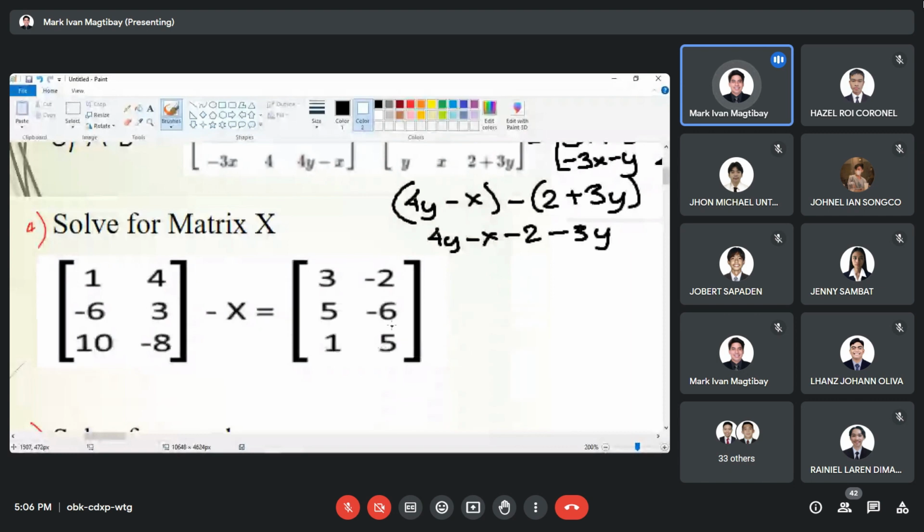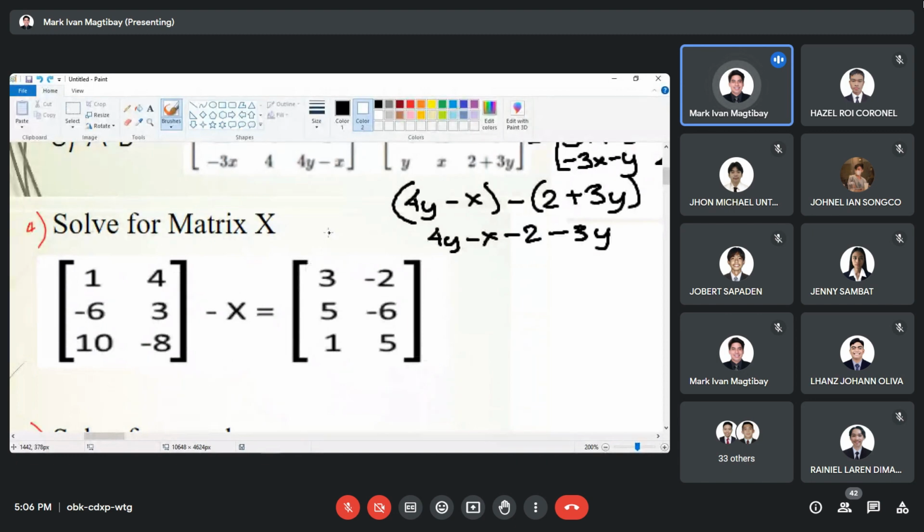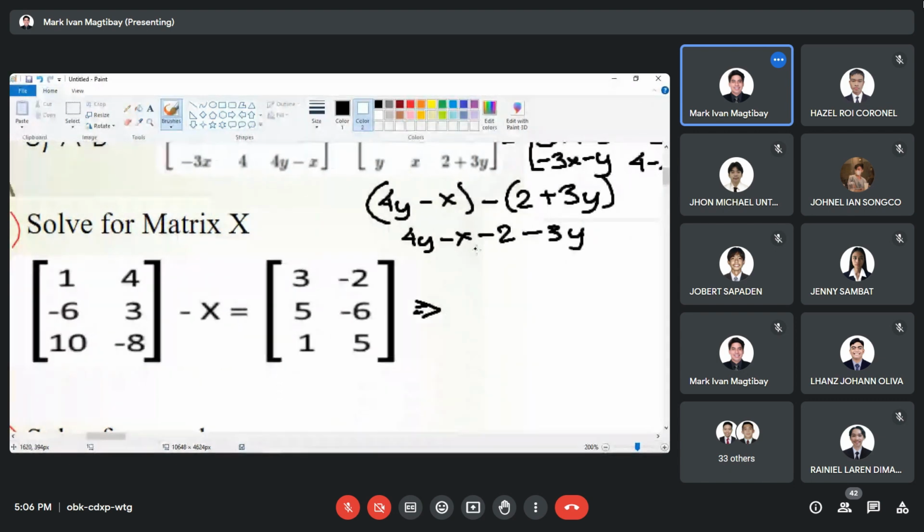So it's easy lang po. We just move the result matrix over to the other side, and then the X we move to the result. Okay? So let's rewrite our answer: 1, -6, 10, and then 4, 3, -8.